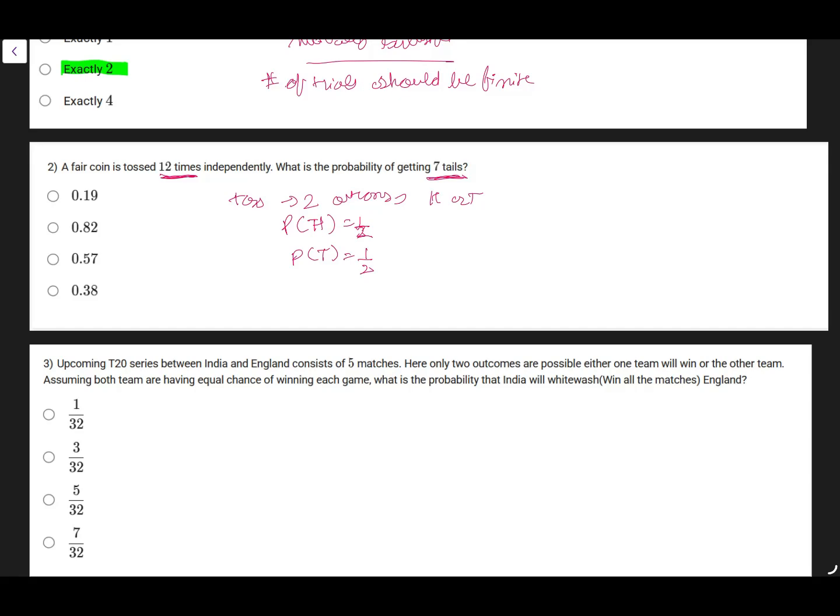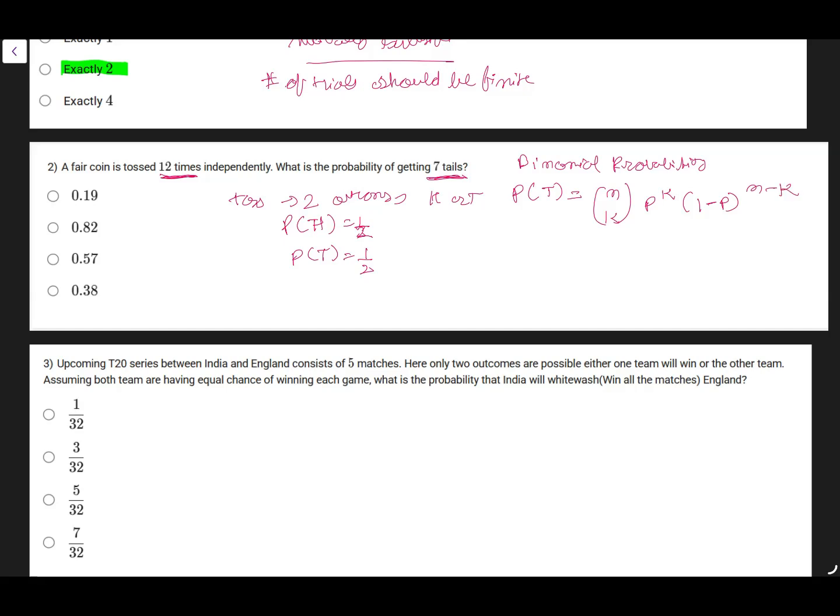Now, to get exactly 7 tails out of 12 tosses, we are going to use binomial probability. Let's see the formula. The probability of a success, in this case tail, is n choose k, p to the k, 1 minus p to the n minus k.